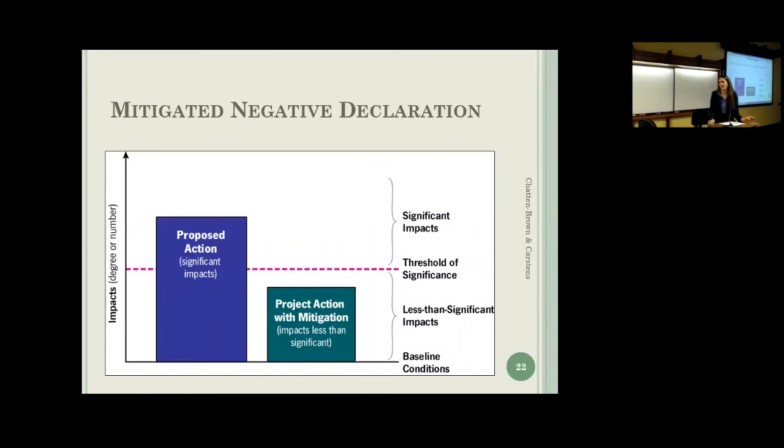So this graphic kind of shows the threshold of significance as we talked about earlier. And there's an action that's going to have a significant impact. You put in the mitigations and it goes below that level. And a couple of relevant things that this chart includes.